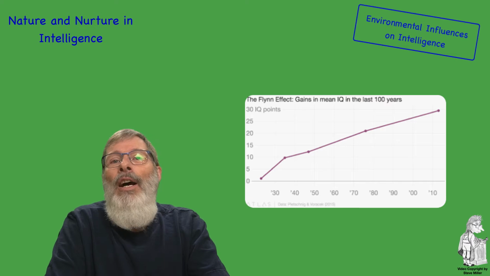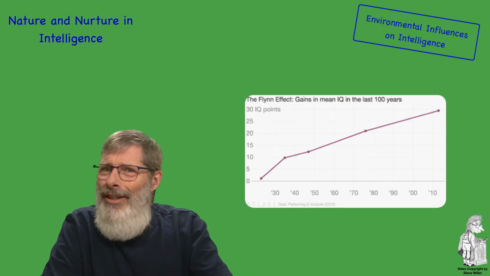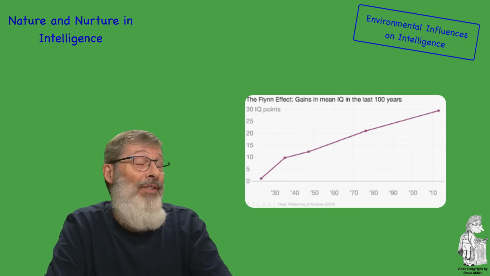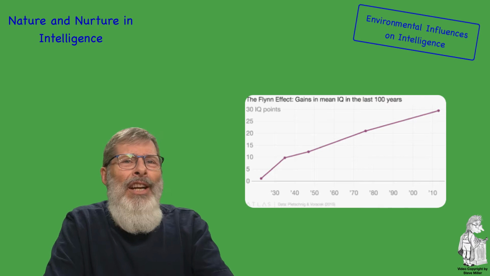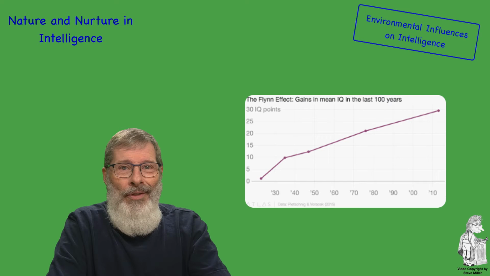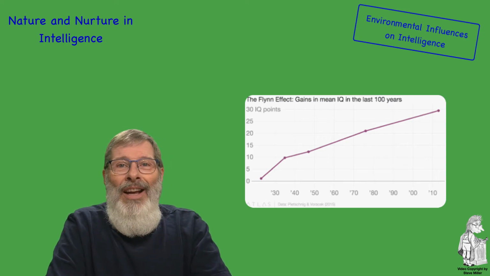Flynn found that IQ scores in the Western world increased substantially between 1947 and 2022 by around 18 points. The genetic code could not have changed enough in that time to account for those differences. We do not evolve anywhere near that time frame.